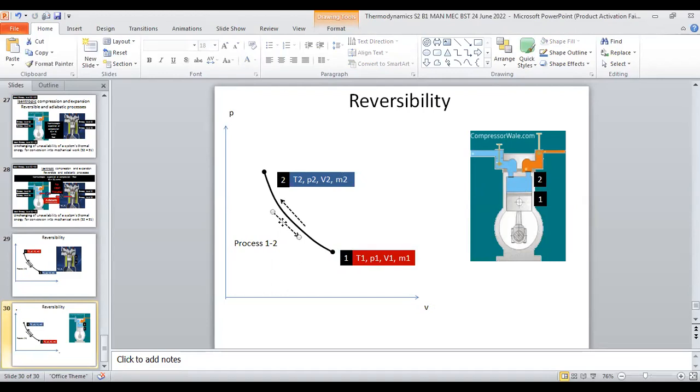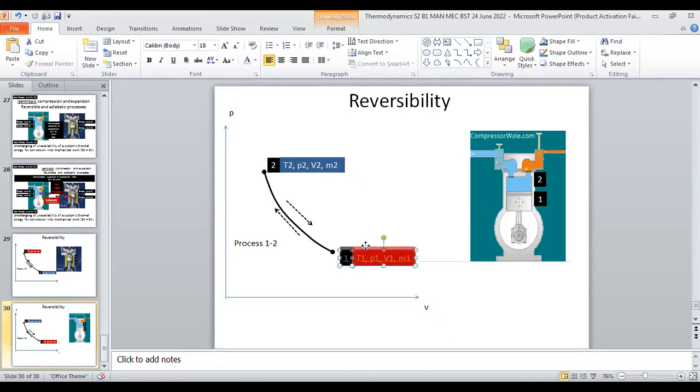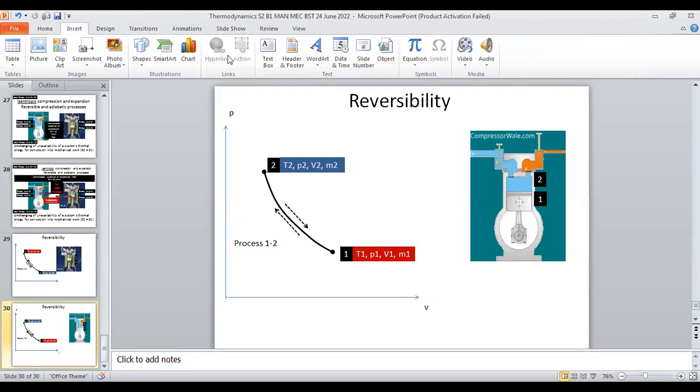So process 1 to 2. And reversibility is 2 to 1. So we call this the path of the process. Okay, this is the path.